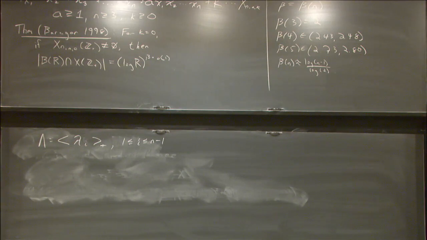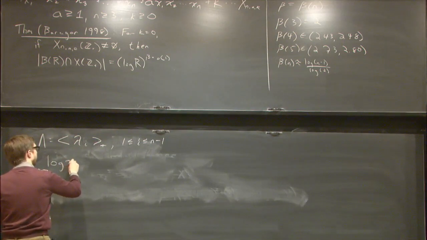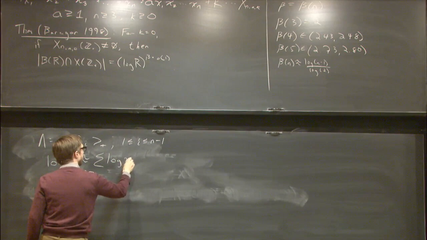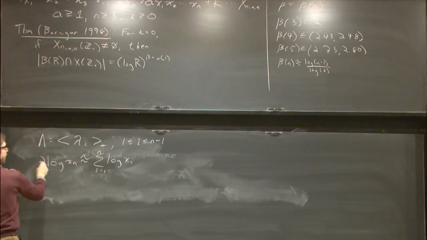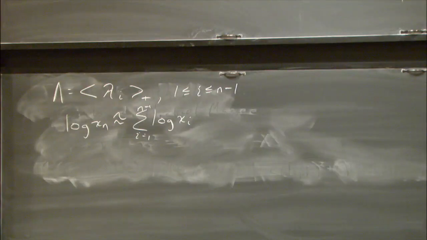So if I take the log of both sides of the equation, I get that approximately log of xn is about the sum of the n coordinates, 2 log xn, although if I subtract a log of xn from both sides, I get this equation.